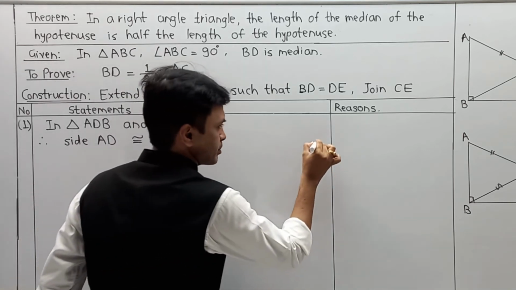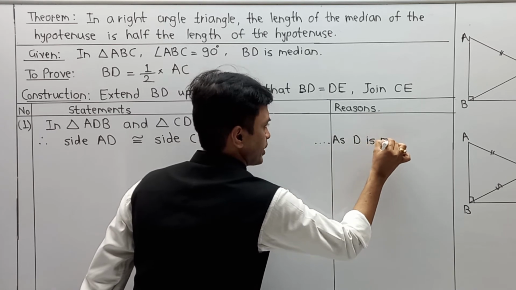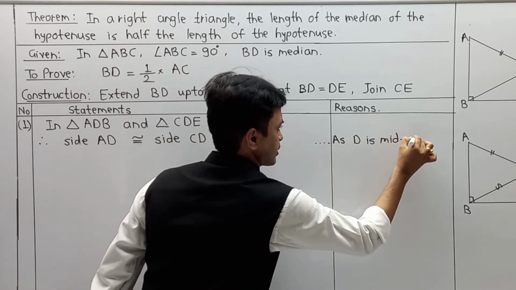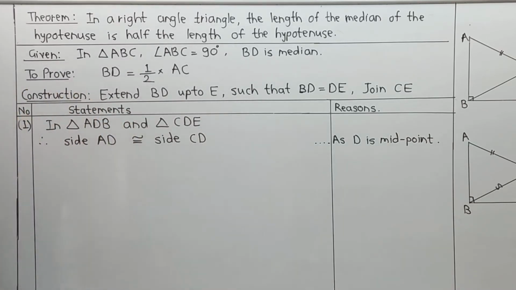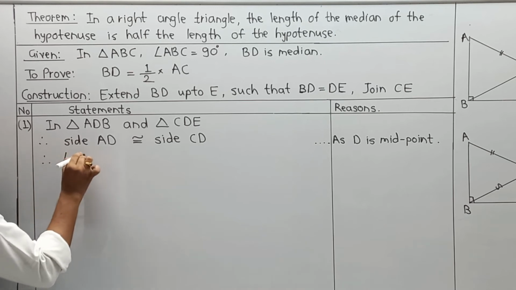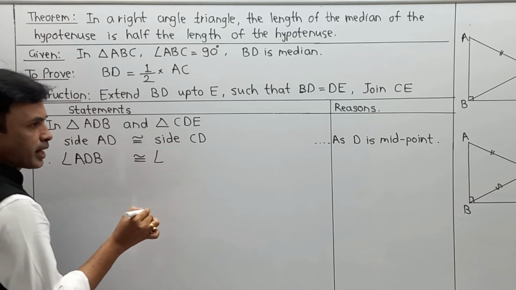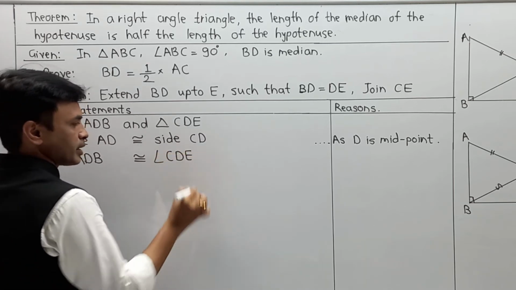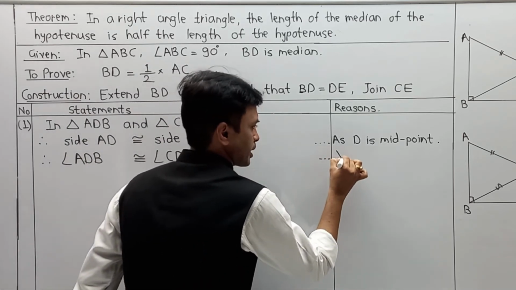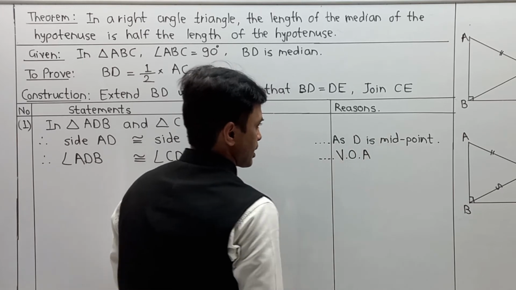Reason: as D is the midpoint, we can also have BD as a median. Next, angle ADB is congruent to angle CDE. Reason: vertically opposite angles.